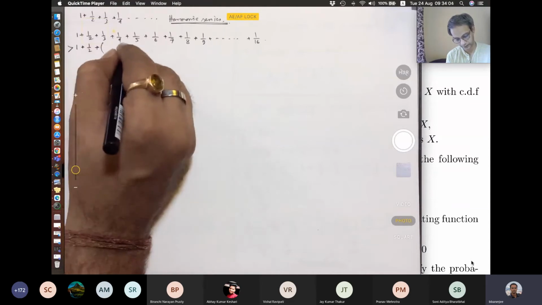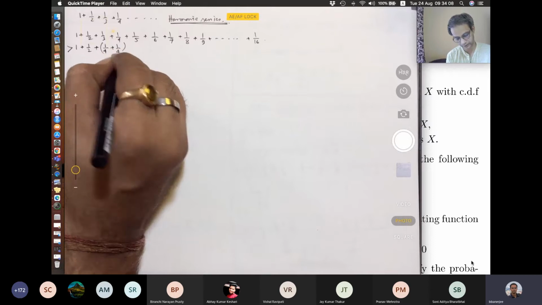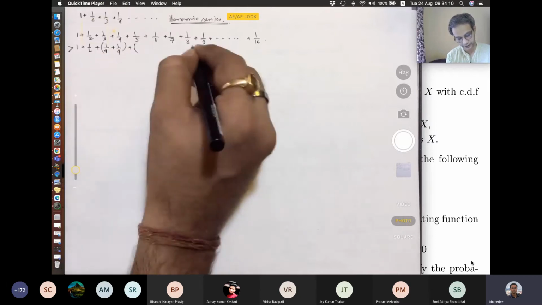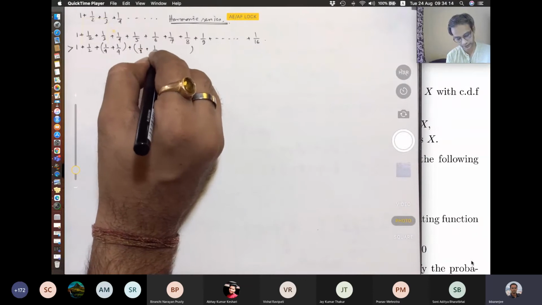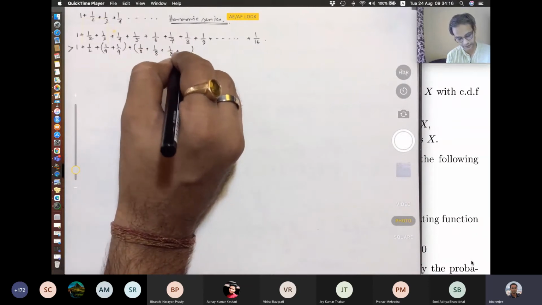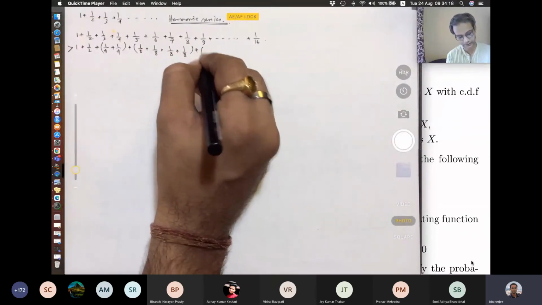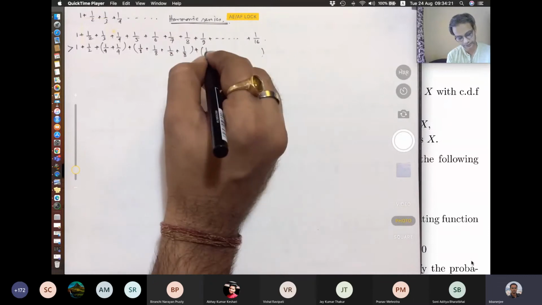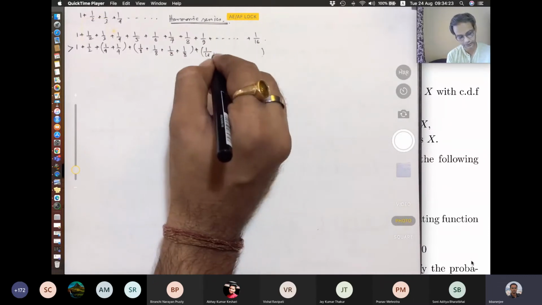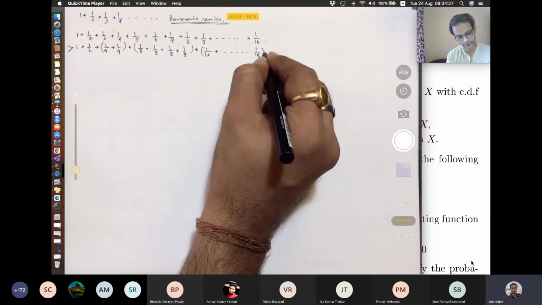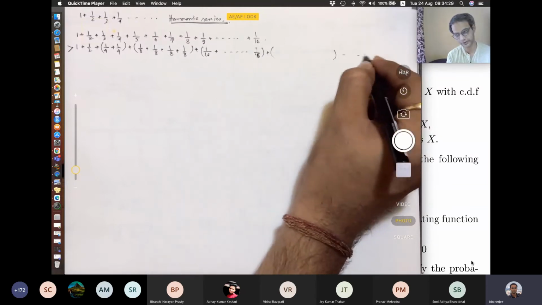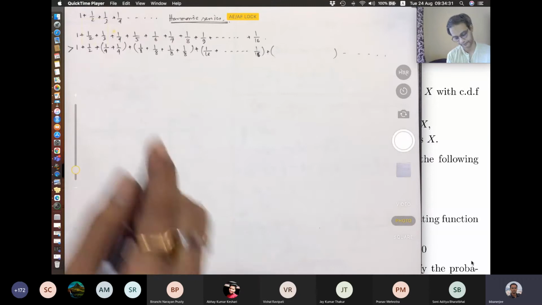Then for these two numbers I am replacing by the least value, 1 by 4, 1 by 4. Then for these 4 values I am replacing by the least value, 1 by 8, 1 by 8, 1 by 8, 1 by 8. Then for these 8 values I am replacing by the least value, 1 by 16, all values 1 by 16. And so on, we will be clubbing together and we will go on.